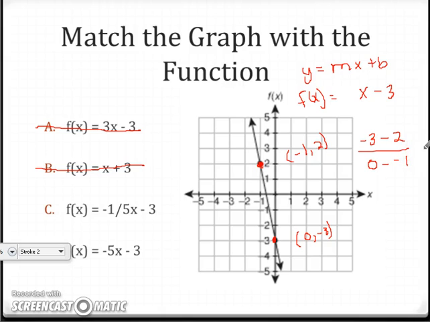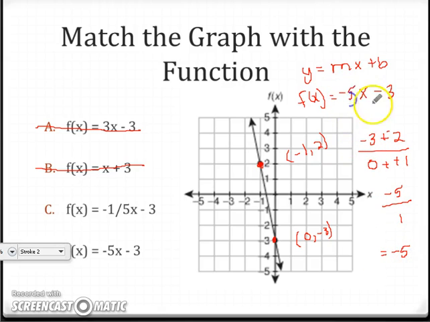It doesn't matter which point you identify as y2 or y1. What matters is that these two coordinates go from the same point, and these two coordinates are from the same point. If they're mixed up, then it's not pulling from the same coordinate anymore. So our numerator, add the opposite, you get -5. Denominator, add the opposite, you get 1. -5 over 1 gives us a slope of -5.